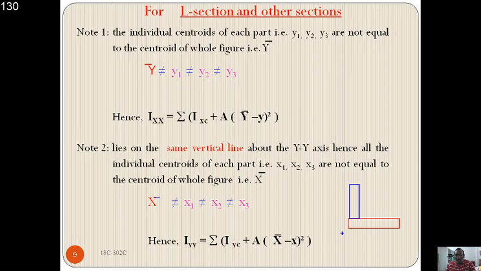Now x bar is required in this case. So this is the x bar, somewhere here.